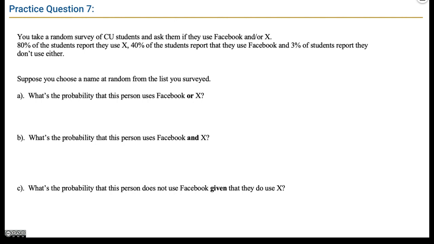In the future in this class, we'll talk about how we can estimate probabilities for the whole population based on our sample. But for right now, we're just going to take a random selection from this sample. And we want to know: what's the probability this person uses Facebook or X, what's the probability this person uses Facebook and X, and what's the probability this person does not use Facebook, given that they do use X.